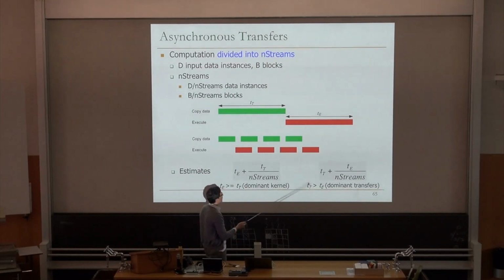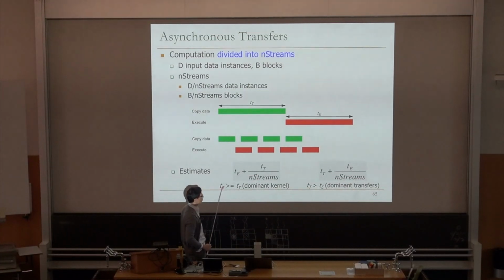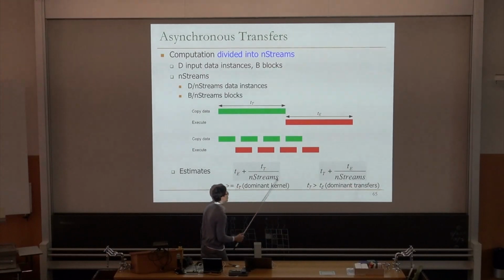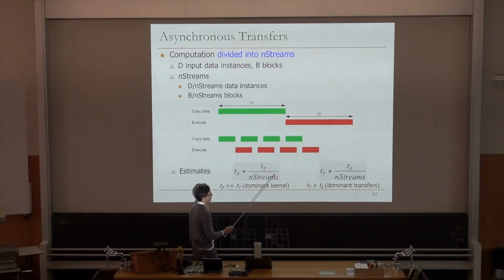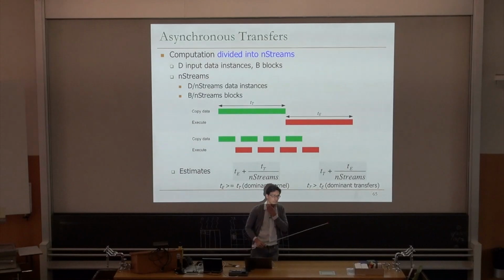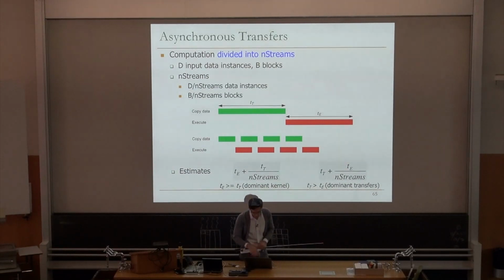So depending on that, we will have the data transfer hiding the execution or the other way around. Depending on what's dominant, the kernel or the transfer, these will be raw estimates of what's the total execution time.